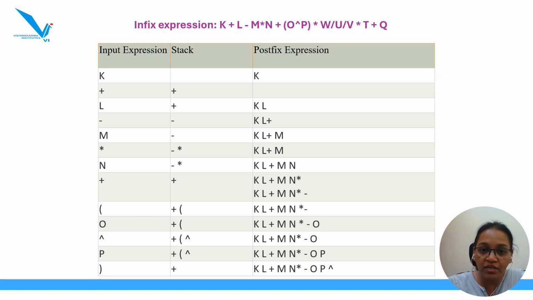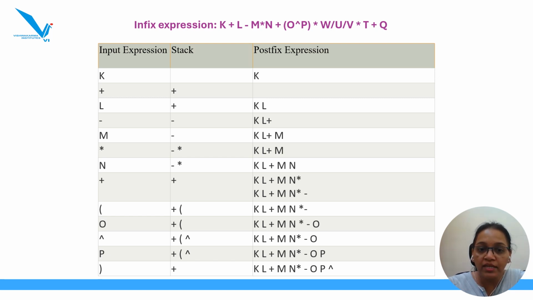My stack is empty, and k is an operand, so I have to directly print k in the postfix expression. Then the second symbol is plus, which is my operator. Now you have to push the operator onto the stack. The stack is empty, so I can directly push my plus operator onto the stack.